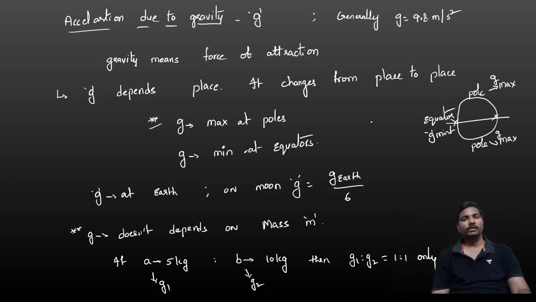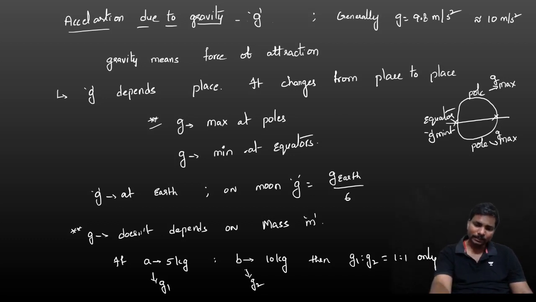Sometimes if they have given 10, we have to take 10. So approximately 10 meter per second squared. In many numericals they will give 10, so the calculations will be very easy. So g is nothing but acceleration due to gravity, nothing but force of attraction.